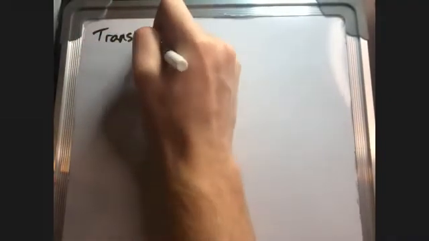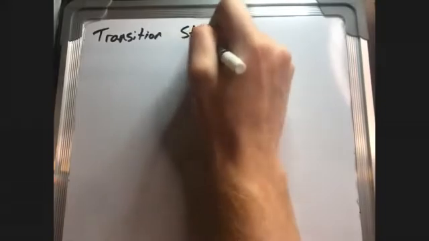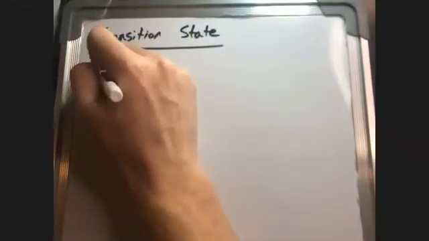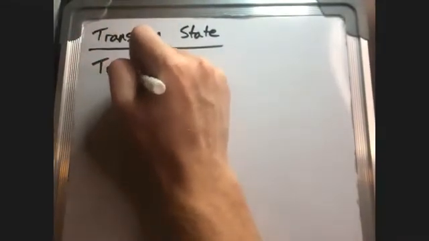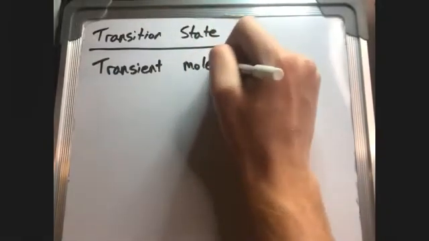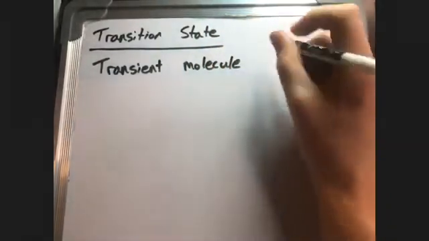All right, so now let's talk about the transition state that is involved here. So we've shown the mechanism, and now the transition state. So first of all, a transition state in general is a transient molecule in which bonds are breaking or forming.